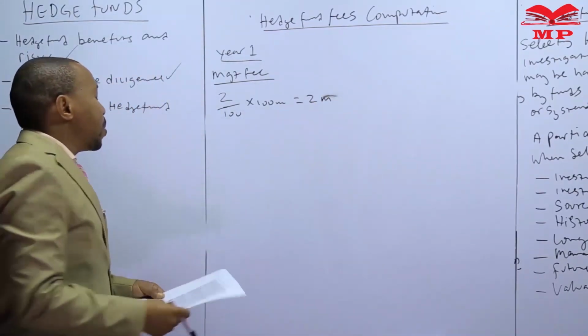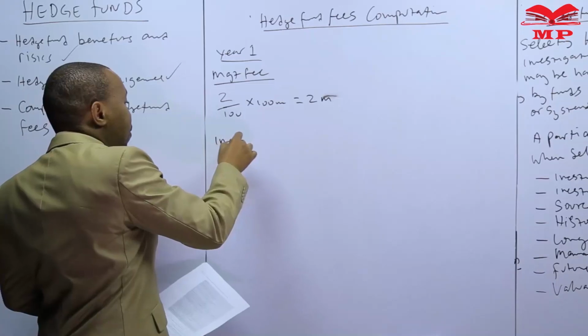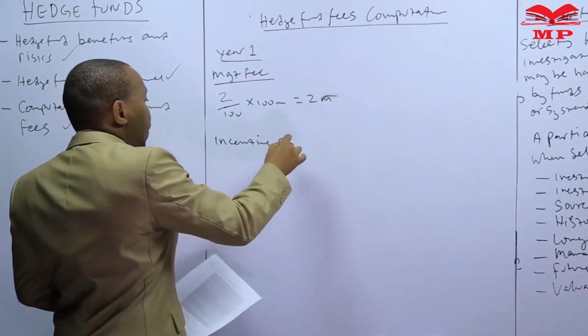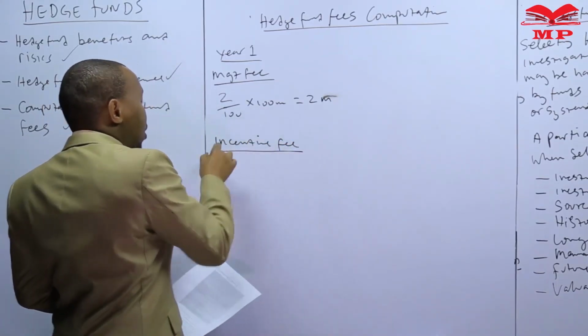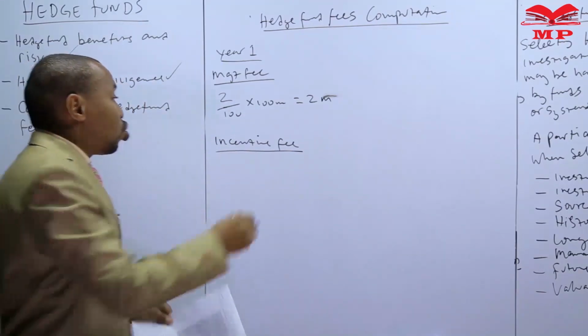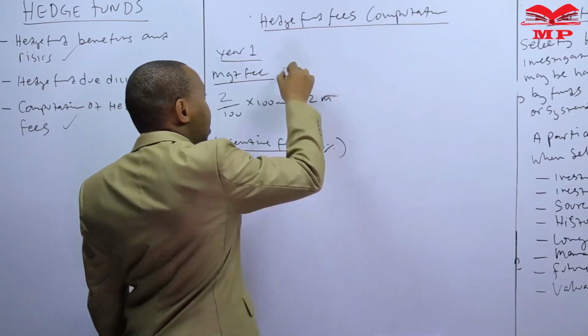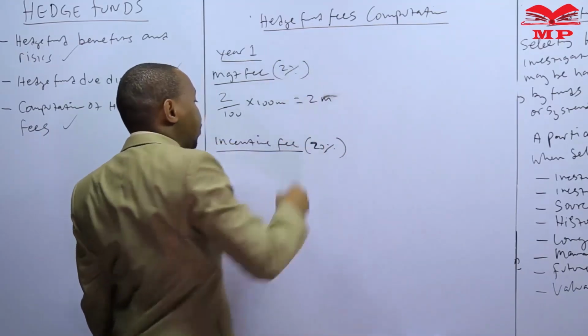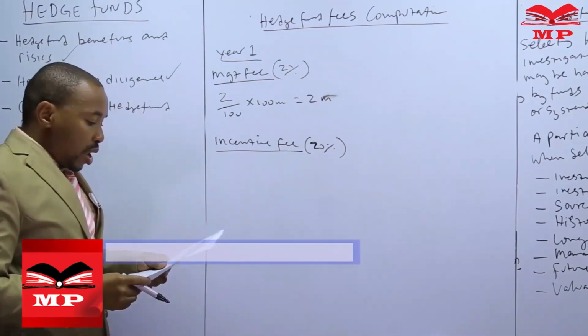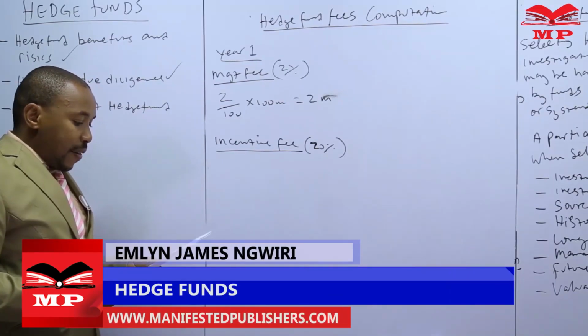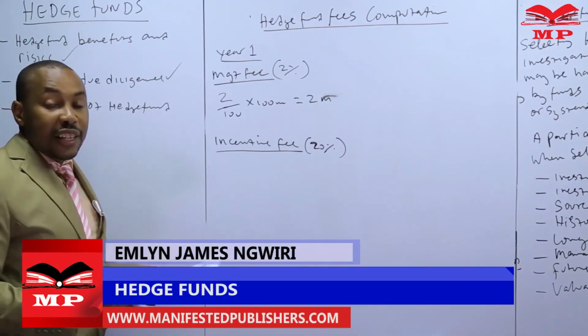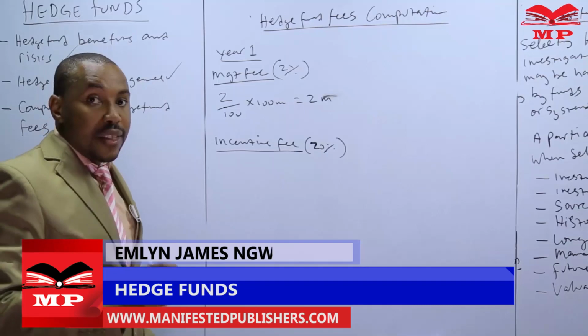Once you've computed the management fee, now we need to compute the incentive fee, and you're being told 20%. This is 20%, this is 2%. So we have been given the ending value. We need to get the difference between the ending value and the beginning value.